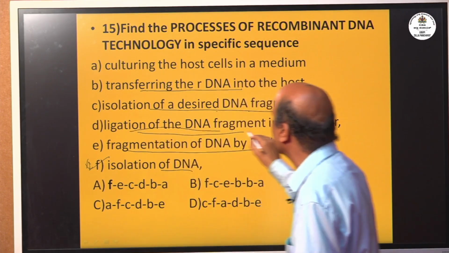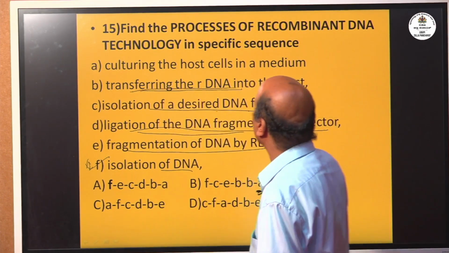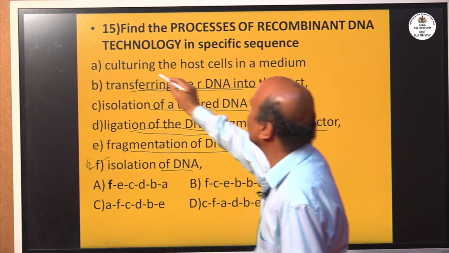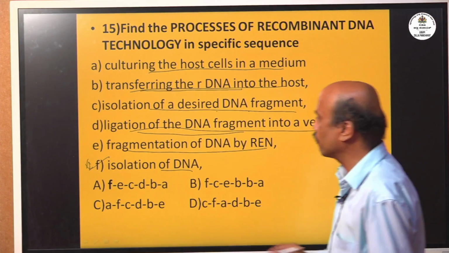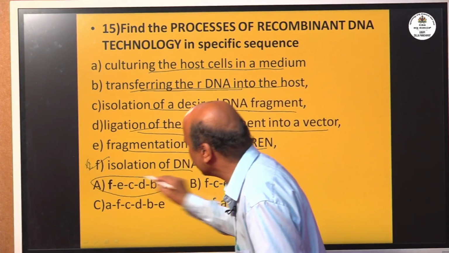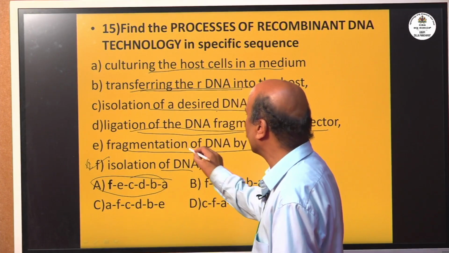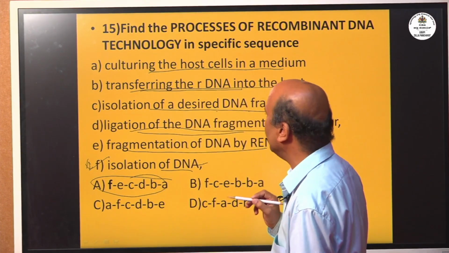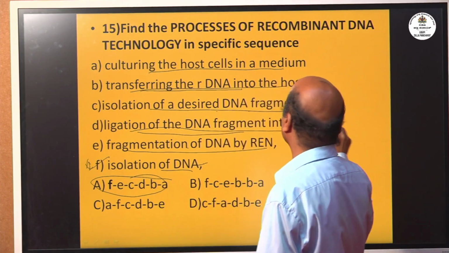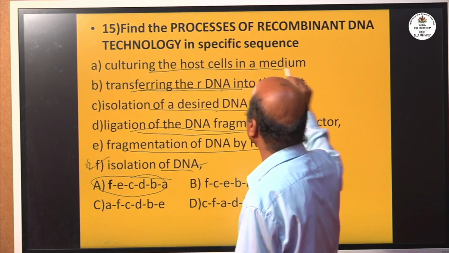This is ligation of the DNA fragment into the vector, and then transferring the rDNA into the host cell, and finally culturing the host cells in a medium. So these are the sequential steps. Therefore, this is the correct answer, option A. So first one is isolation of DNA, then fragmentation of DNA, then isolation of the desired DNA fragment, then ligation of the DNA fragment into the vector, transferring the rDNA into the host, and culturing the host cells in a medium.